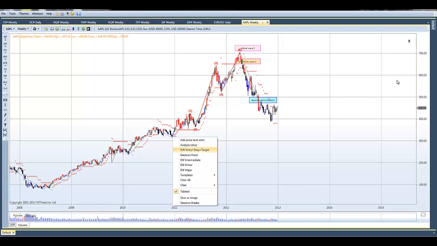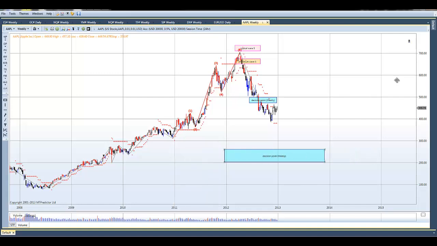Let's take our decision point tool. The danger is, as we talked about before, that if Apple doesn't recover, it's having a really hard time getting back above 450. It's really going to need to get back above 500 to get back out of the danger zone. But it's in danger here of coming down to this $260 level, which is the weekly DP off of the bottom of the wave 1 swing.